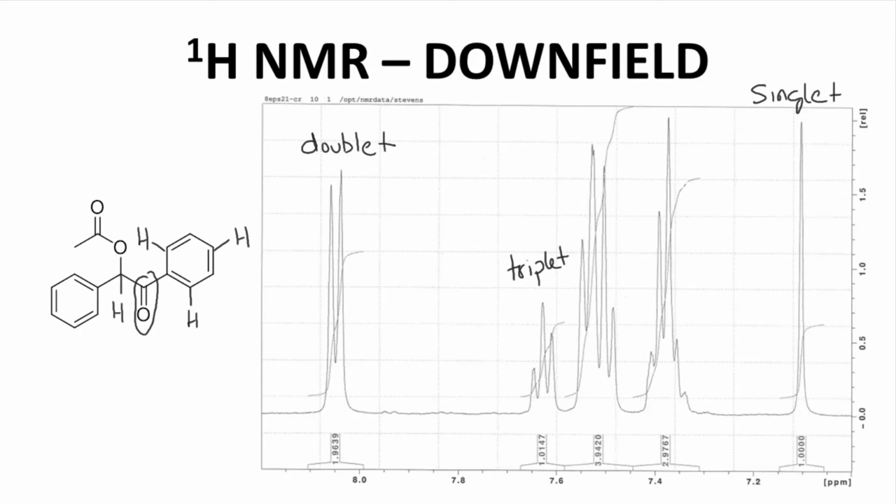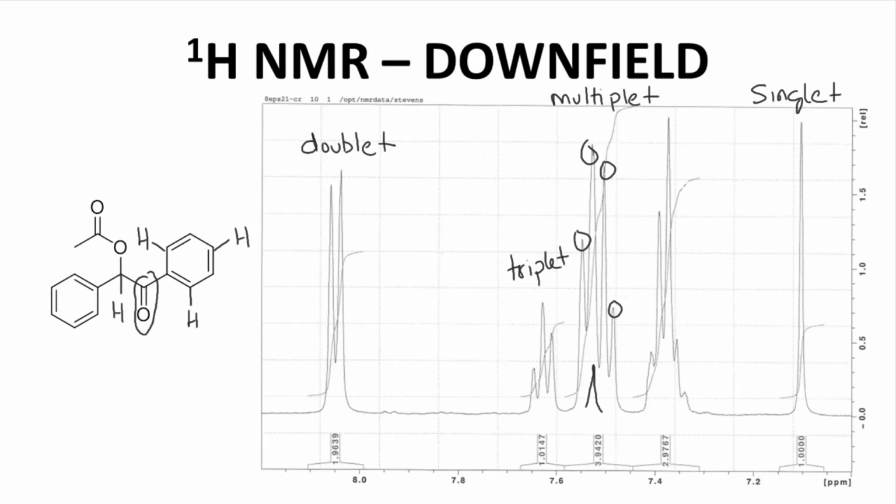The signal around 7.5 ppm is a multiplet with 4 hydrogens. If you look closely, it looks like a doublet right next to a triplet. The triplet is probably buried under there a little bit.